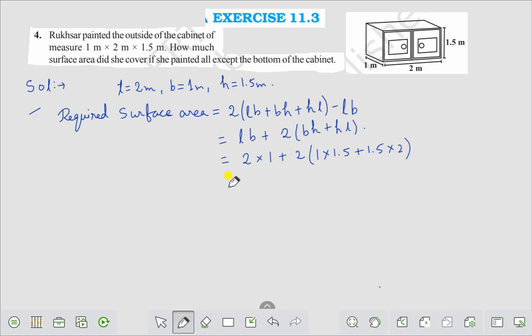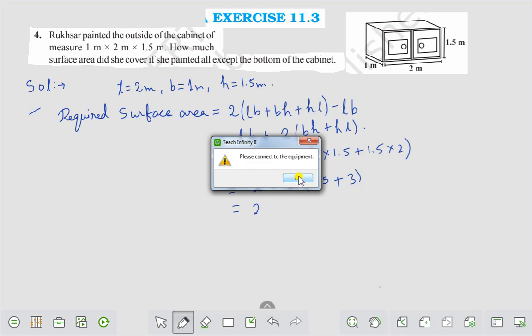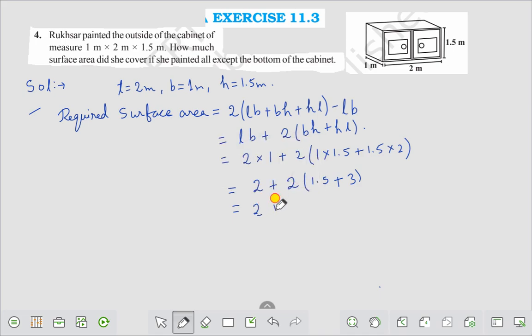Therefore we are getting 2 into 1, that is 2, plus 2 into 1.5 into 1, which is 1.5, plus 1.5 into 2 is 3, right? Therefore we are getting 2 plus 2 into 1.5 plus 3, which is 4.5.